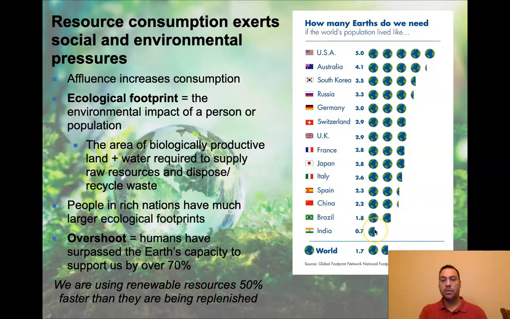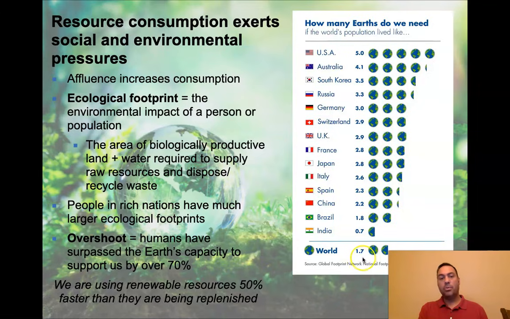And we notice that as we go from India to Brazil to China to Spain, as we head up this chart, these are much more affluent countries as you go towards the top: South Korea, Australia, Russia is kind of an interesting case, Germany and Switzerland are, of course, very affluent countries, as well as the UK, France, Japan. So we can see this very interesting trend between affluence and how many Earths would be required for everybody to live just like everybody in that country.